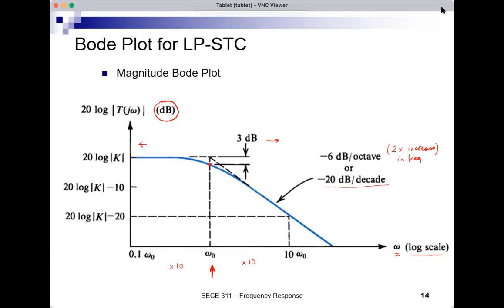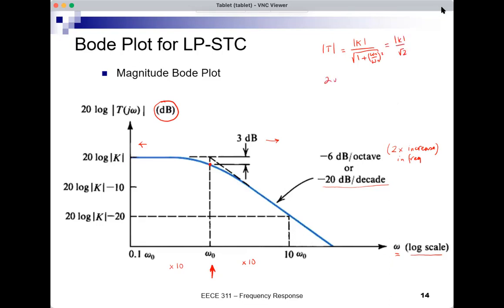Because if you take the transfer function and you solve for the magnitude of T at omega 0, you get K divided by the square root of 1 plus omega 0 over omega 0 squared, because omega is omega 0 at omega 0, right? So K over root 2.